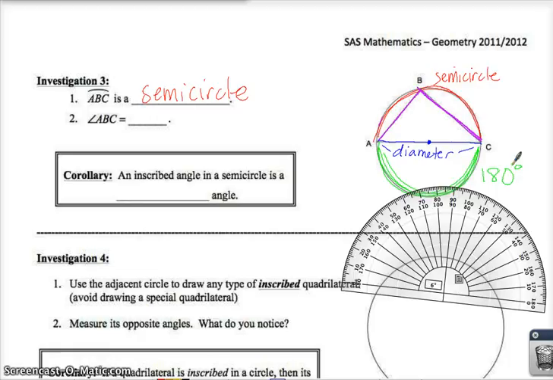One circle is 360, so a semicircle is 180. So therefore, the measure of angle ABC needs to be half of 180. And we know that that is 90 degrees. So this should say the measure of angle ABC is equal to 90 degrees.